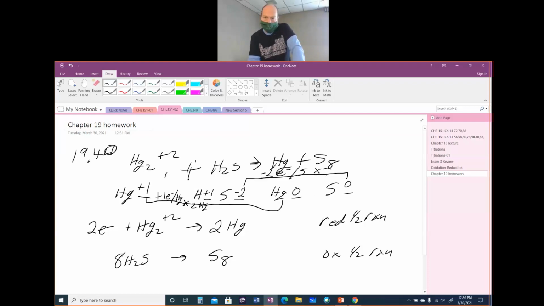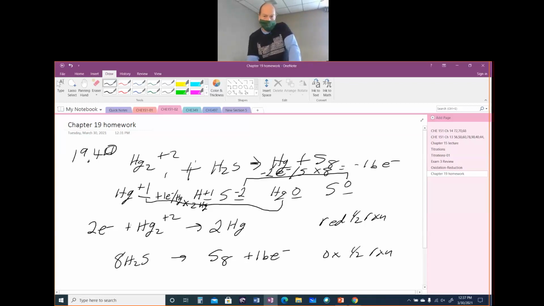So multiply that by 8, and that means you lose 16 electrons total. So instead of putting minus electrons, I put 16 electrons are released. All right, so you're plus 16 electrons. All right, so now we have our half reactions and the oxidation numbers have been balanced.